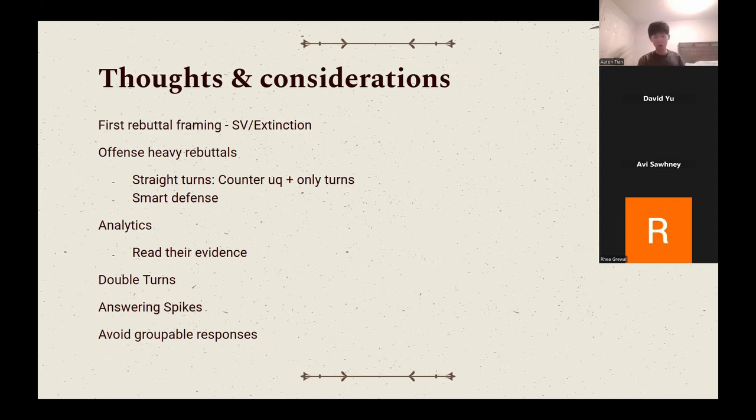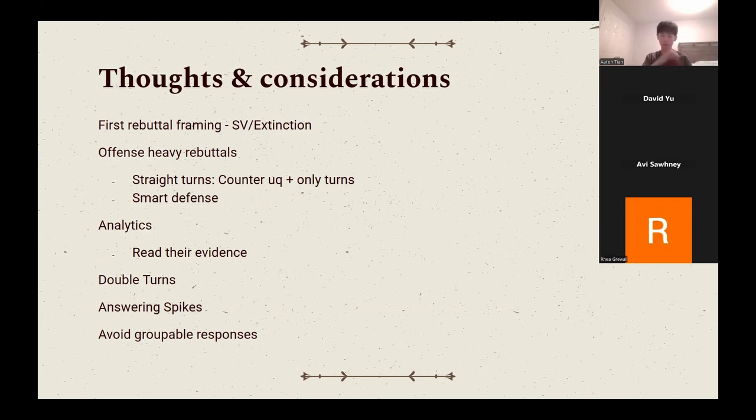More often than not, judges will not be happy if you introduce framing in the second rebuttal, because in PF you also had your second constructive speech, where you knew what your opponents are reading and could make the strategic decision on whether framework or framing was strategic considering what they're reading, right?